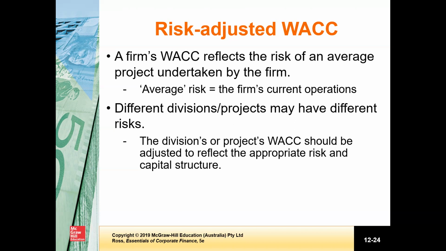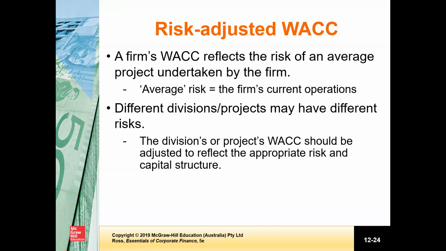Now, suppose our firm uses the weighted average cost of capital to evaluate all investments. This means that any investment with a return greater than this certain return will be accepted. Let's say this is 15%, and any investment less than this will be rejected.